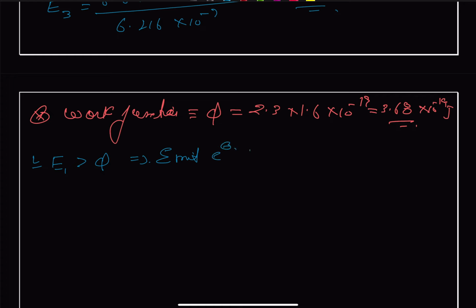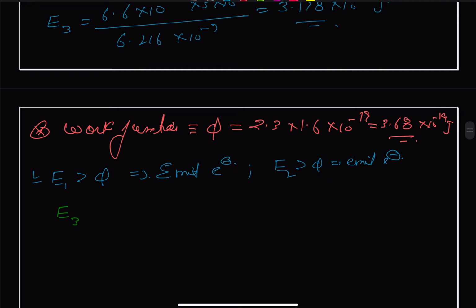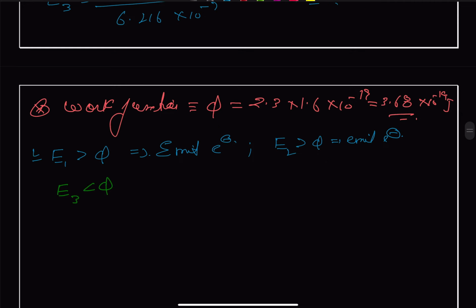We have our E2, which is also greater than the work function, therefore it is also going to emit electrons. And we have our E3, which is our 3.1, which is less than the work function, so this cannot emit electrons.